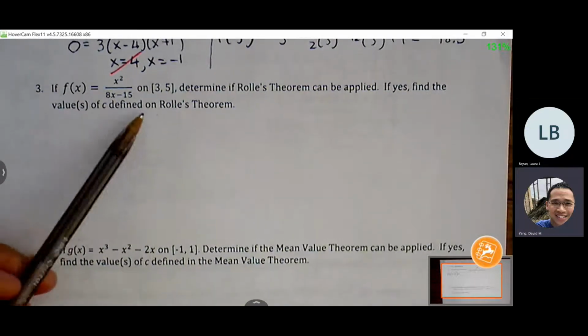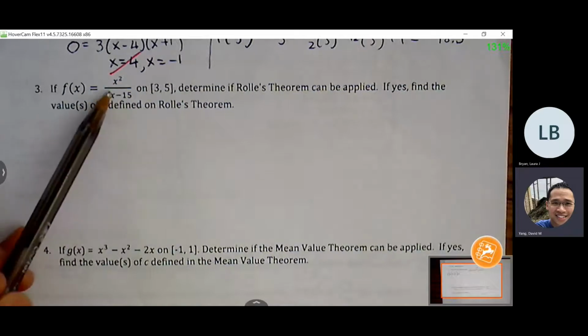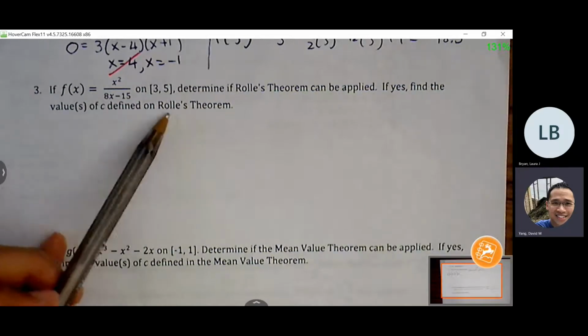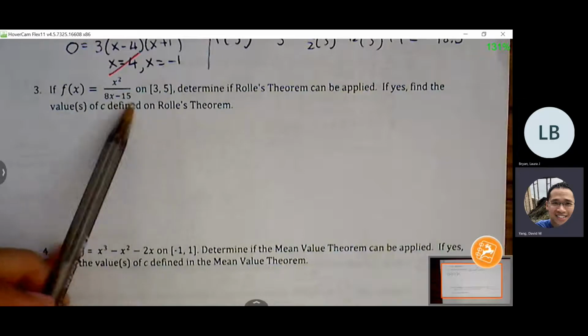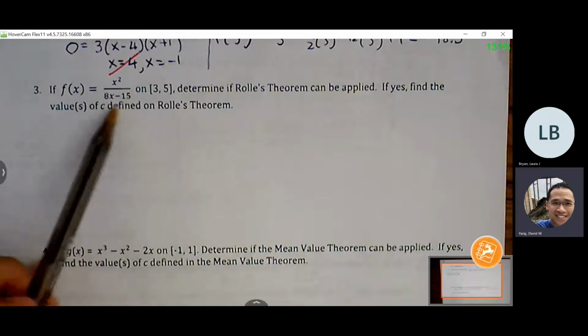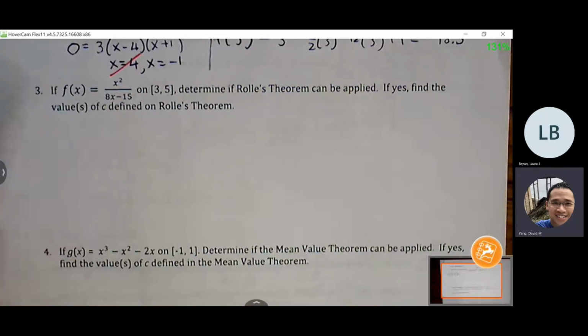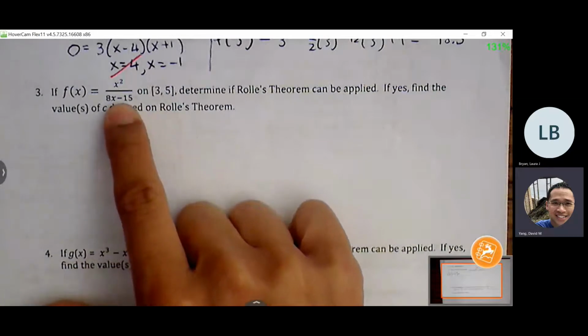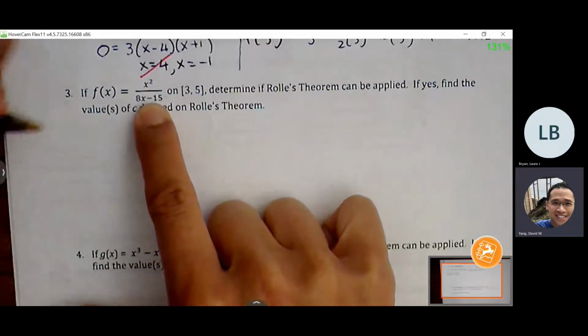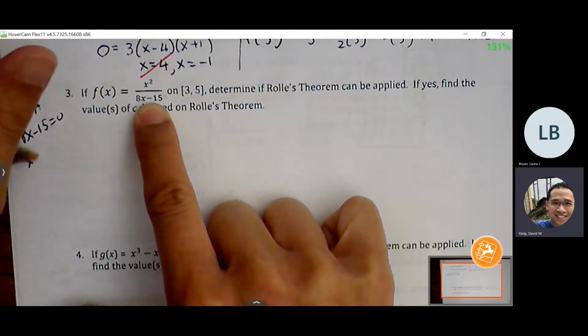So Rolle's theorem requires us to determine if our conditions pass. We need to see if the function is continuous. Well, looks like we do have a potential issue depending on where that vertical asymptote is. So we're going to set the denominator equal to 0 and see if there's any vertical asymptote that could impact our interval.